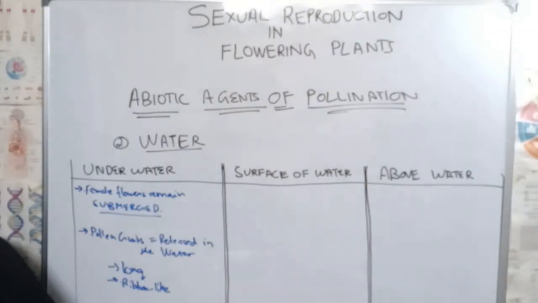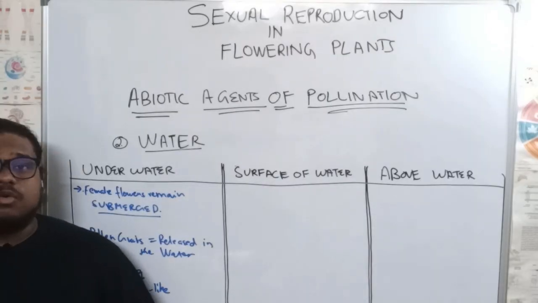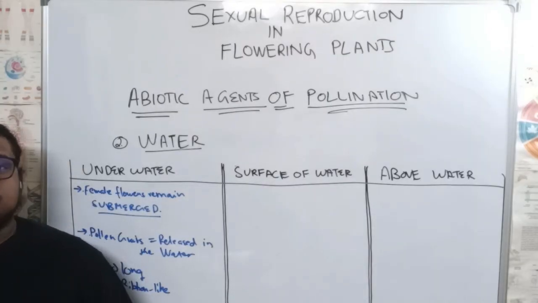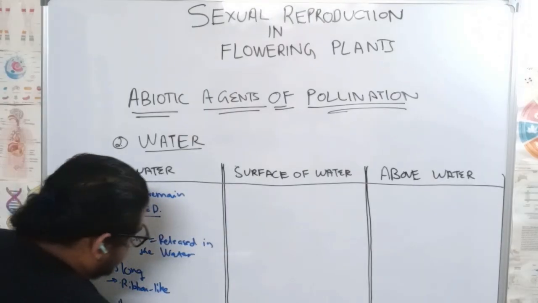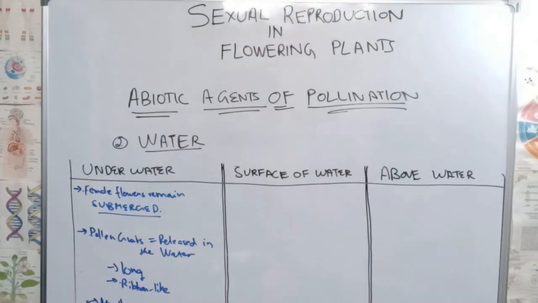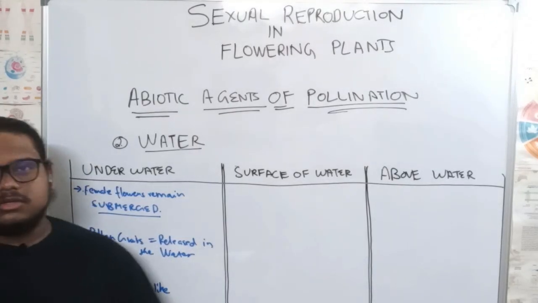These pollen grains are also protected by a covering so that they do not get wet and destroyed. This is the mucilaginous covering which these pollen grains have.